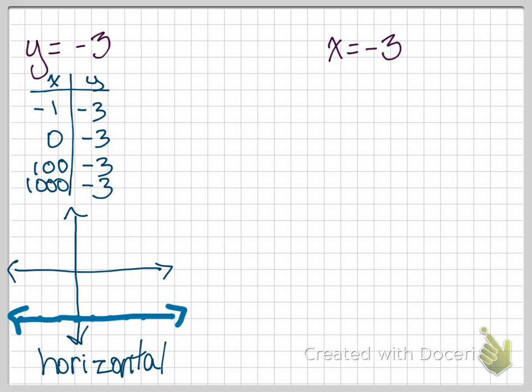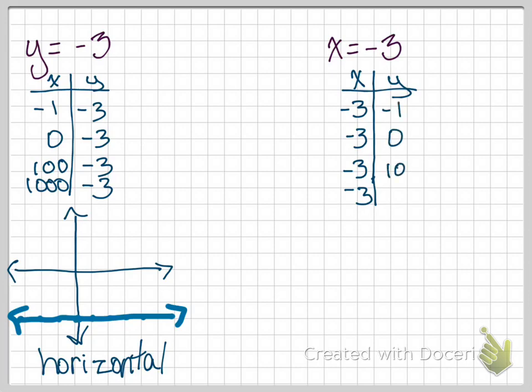X equals -3 means that every single one of my x values is -3. Okay? So it doesn't matter what my y value is. It can be -1. It can be 0.